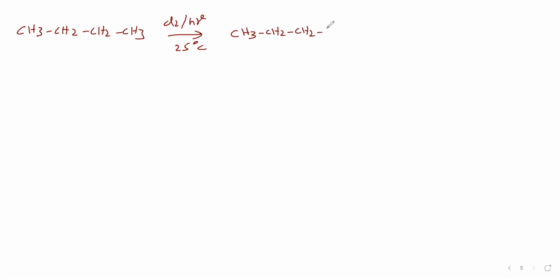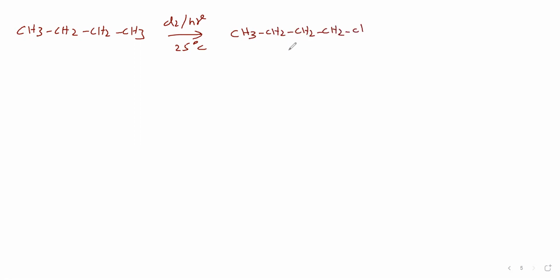Now we will take n-butane, CH3CH2CH2CH3. This we will take for chlorination. Chlorine, then sunlight, and the temperature we are giving is 25 degrees Celsius. What is the product we will get? We will take this for monochlorination. So we are getting the monochlorinated product, this one.